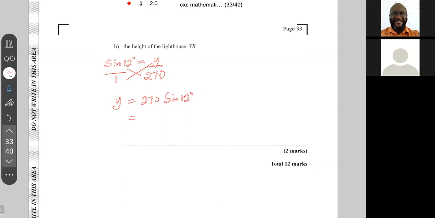So this is 270 sine 12. And the answer here is 56. So this is y, which is TB, is 56 meters to the nearest meter.